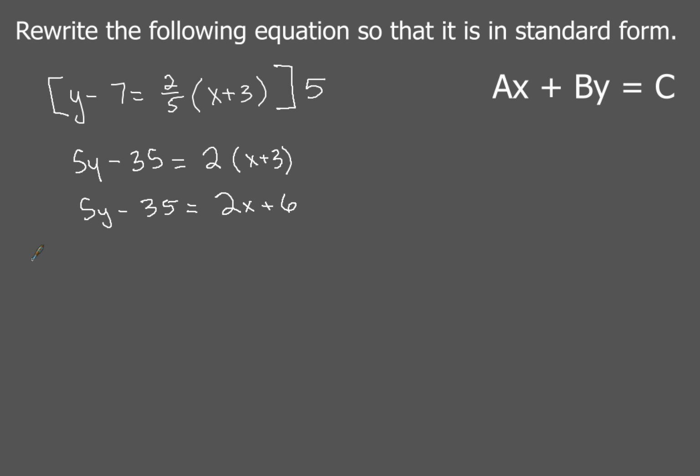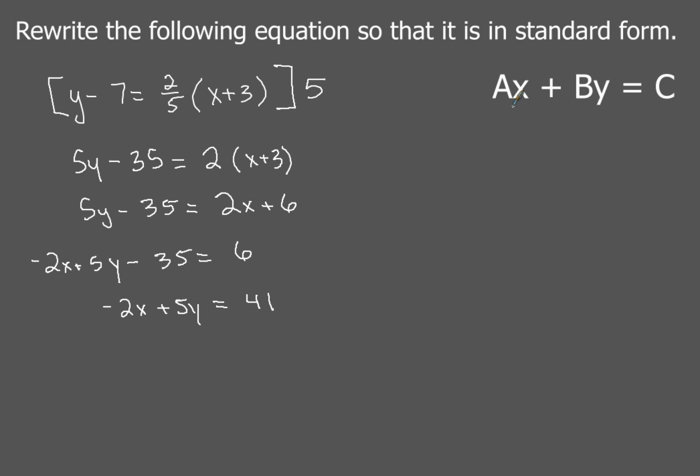So the 2x slides over to the left side, which means you're going to have negative 2x plus 5y minus 35 equals 6. Then I've got to get all my constants, my numbers, over to the right-hand side, so I'm going to add 35. So I'm left with negative 2x plus 5y equals 35 plus 6, which gives you 41.